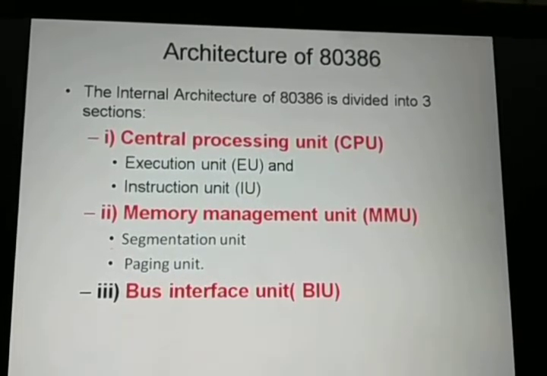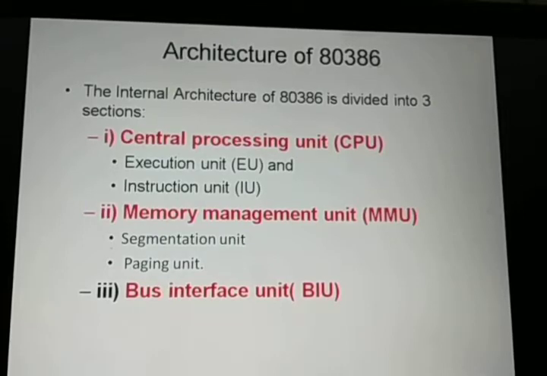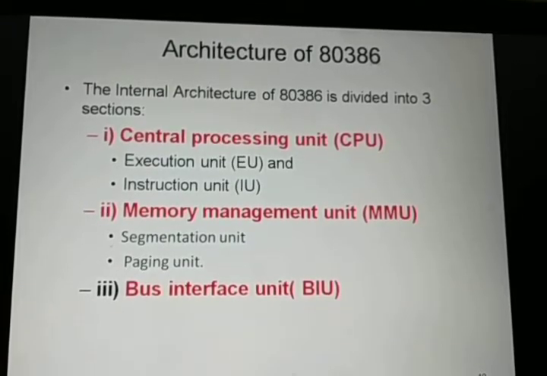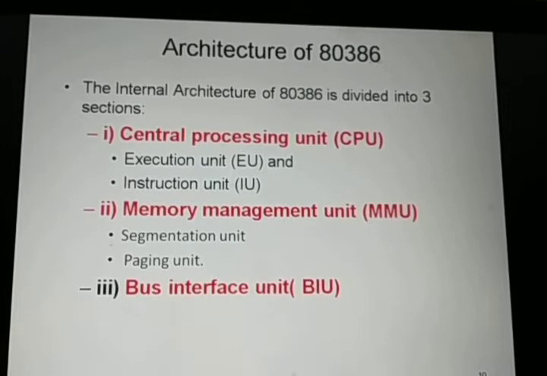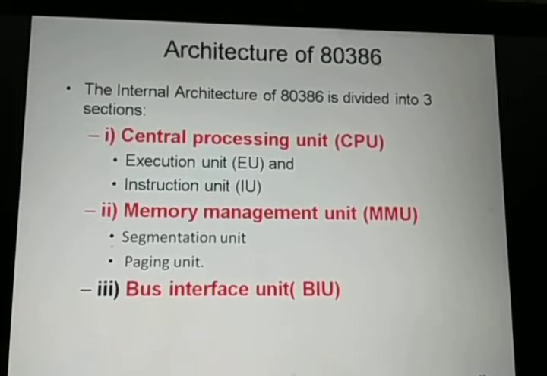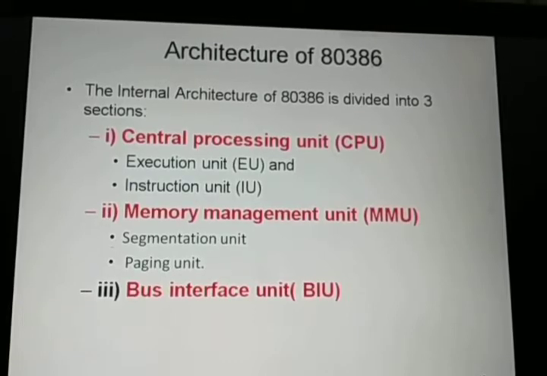Then again, central processing unit we divided into two sections, execution unit and instruction unit. And memory management unit again we divided into two parts, segmentation unit and paging unit. And the last one is bus interface unit. So these are the three sections of 80386 architecture.